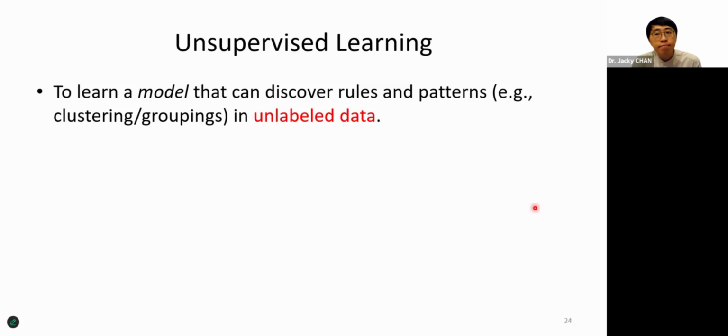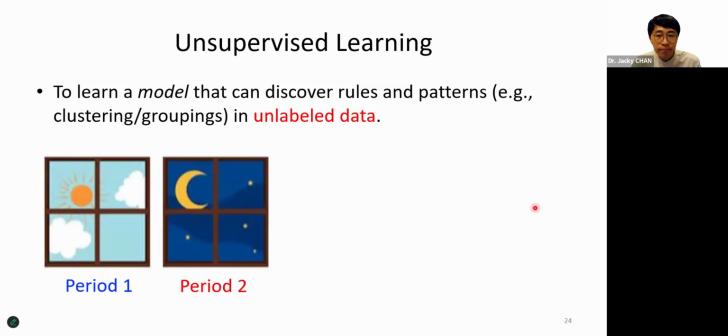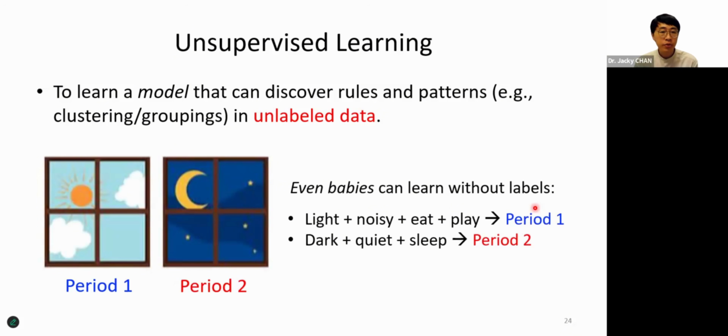You may say that it is very hard to learn, but actually even babies can learn without labels. Babies cannot speak yet. The parents cannot tell them what is day and what is night, but by some observations, they will know that when it is light and noisy, this is day time. During this period of time, they can eat and play.